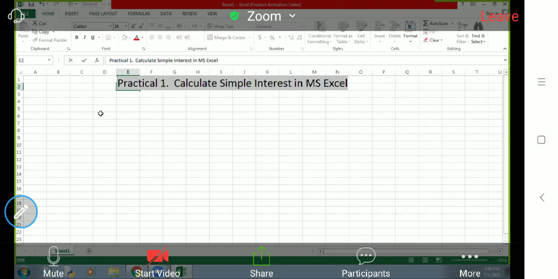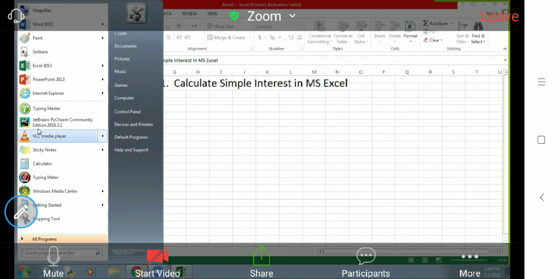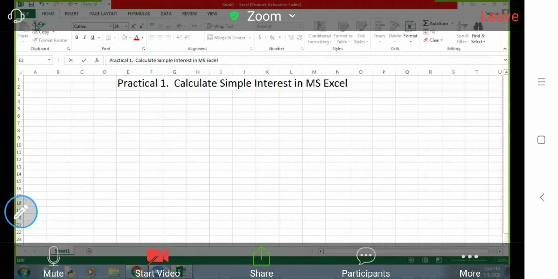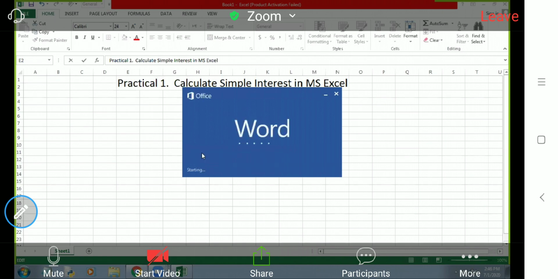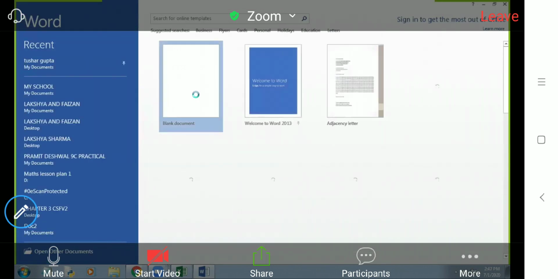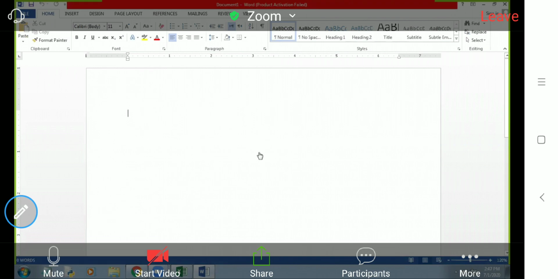So in mathematics, to calculate simple interest, we need to use a formula. So what is that formula, do you know? I am going to show you the mathematical formula. After that I will come to this sheet and then we will know how to calculate simple interest using MS Excel.